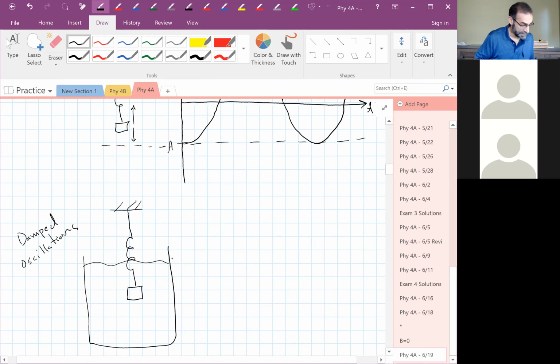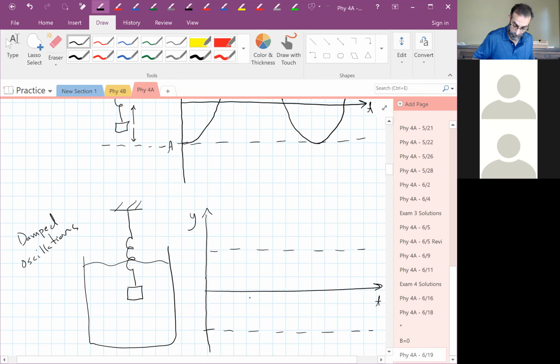So as this thing goes up and down, it starts here, but it goes only to here, and then it goes only to here, and then only to here, right?